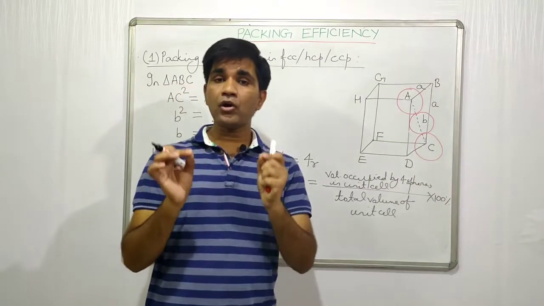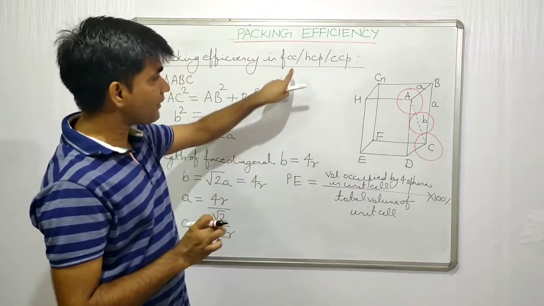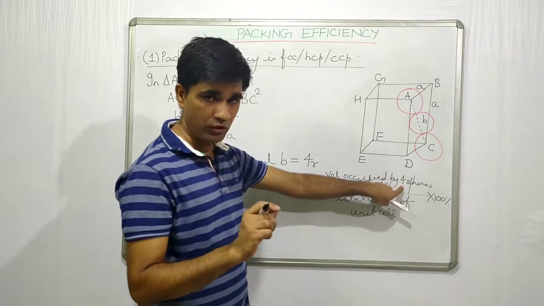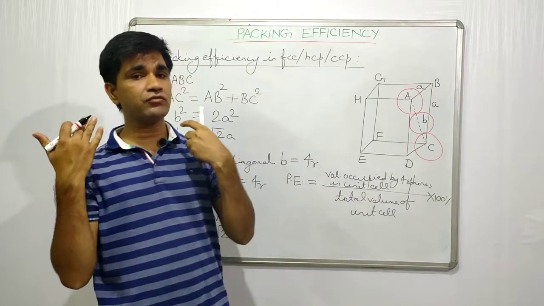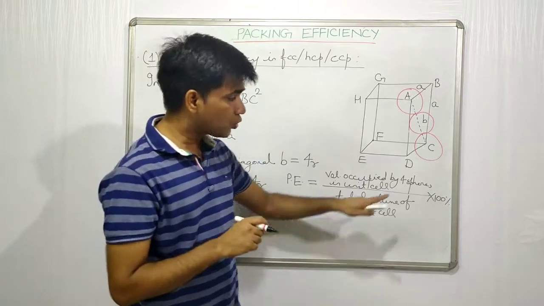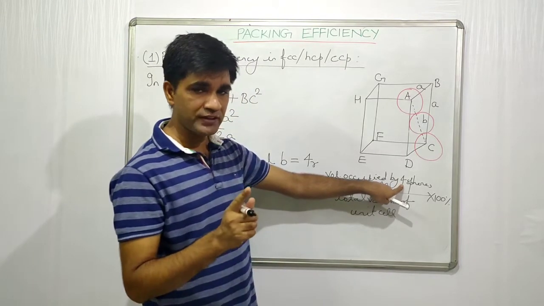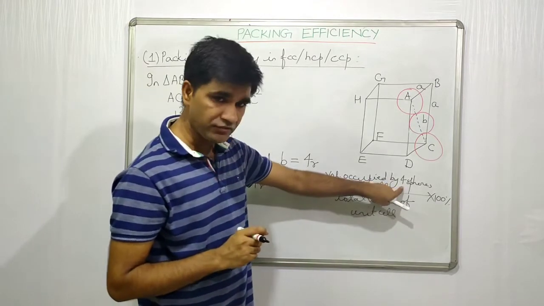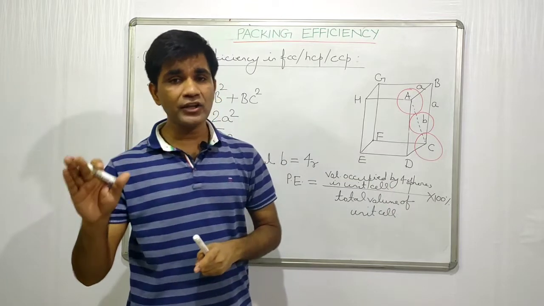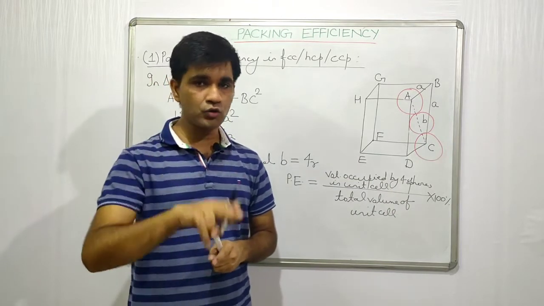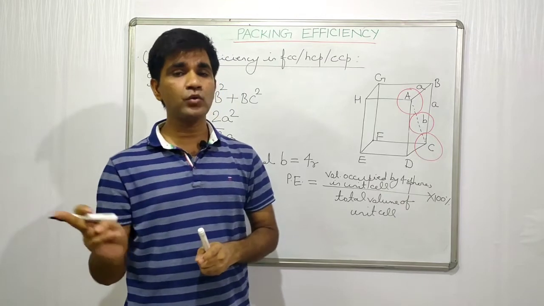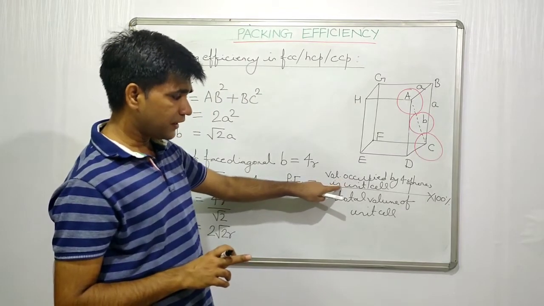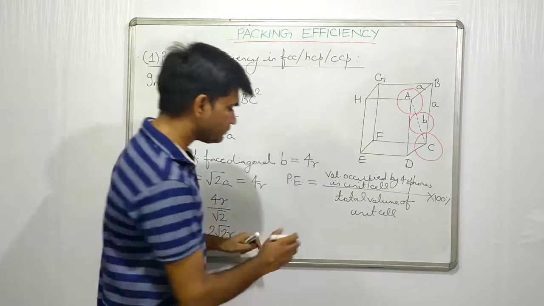As you know, the number of atoms per unit cell for FCC is equal to 4. That's why we have used 4 spheres in this formula. When we calculate the packing efficiency for BCC, we will use 2 spheres in place of these 4 spheres, and in case of simple cubic lattice we will use 1 sphere, because the number of particles per unit cell in case of BCC is equal to 2, and the number of atoms per unit cell for simple cubic lattice is 1. So we have used 4 spheres in the unit cell in this formula.